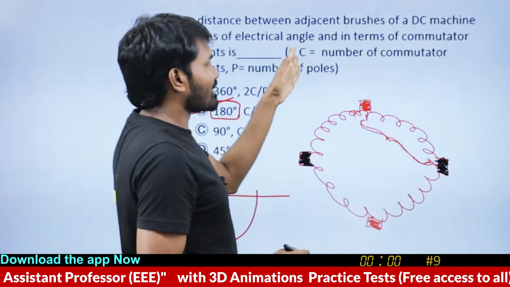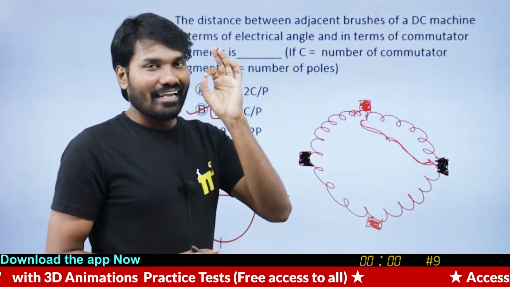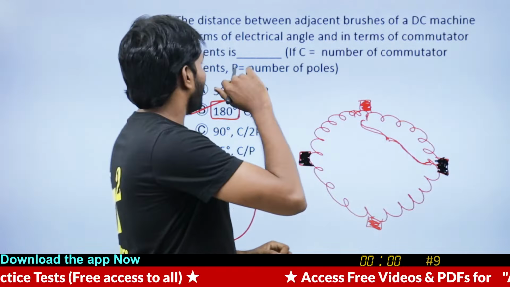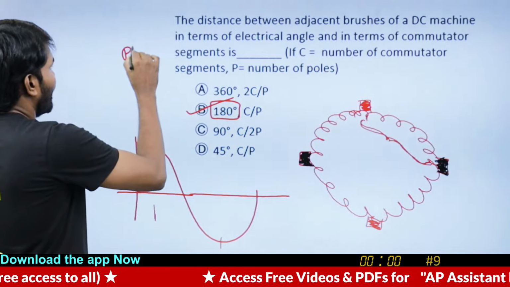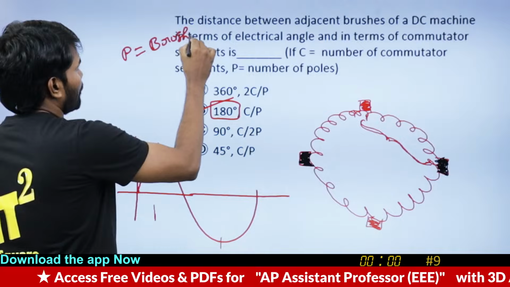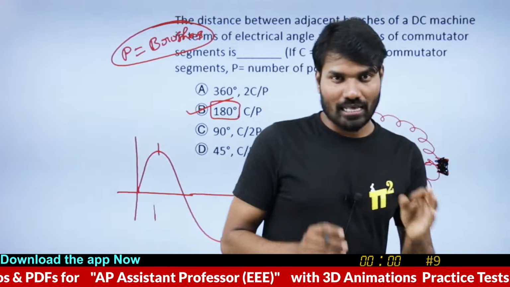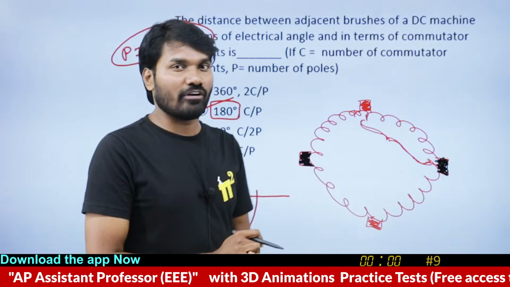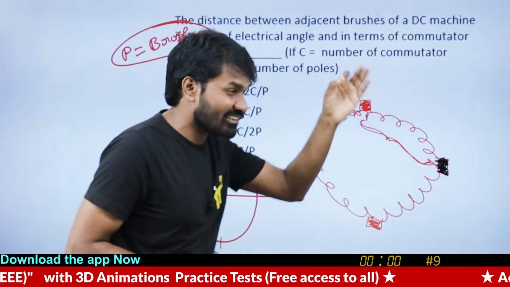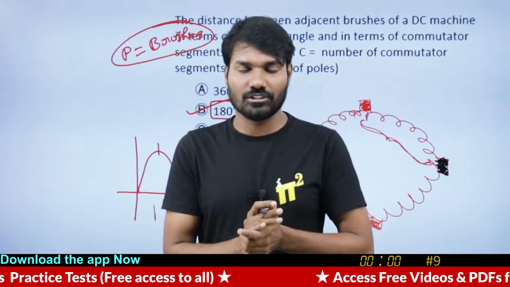Total number of commutator segments are C, total number of poles are P. In any case, careful, number of poles is equal to number of brushes, be it lap wound or wave wound. For big machines, not for very small machines.